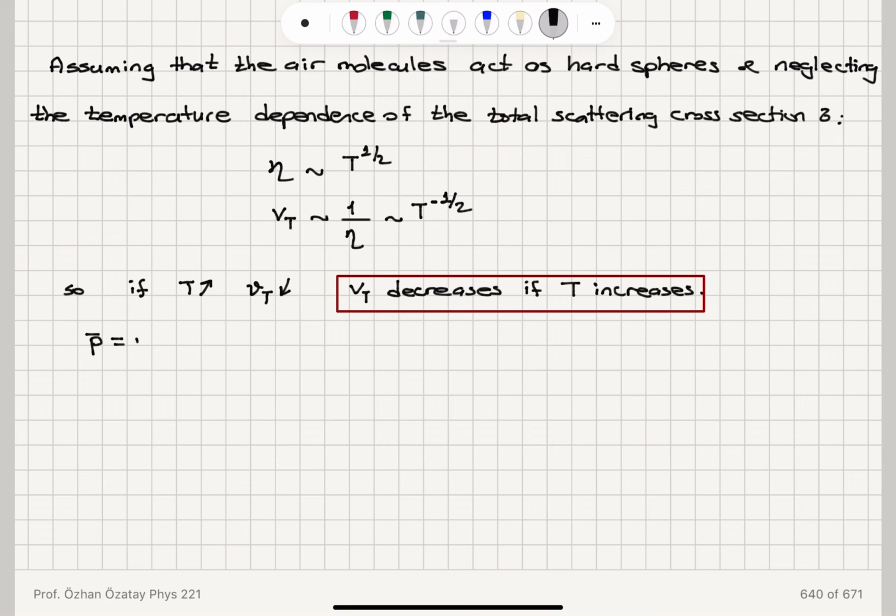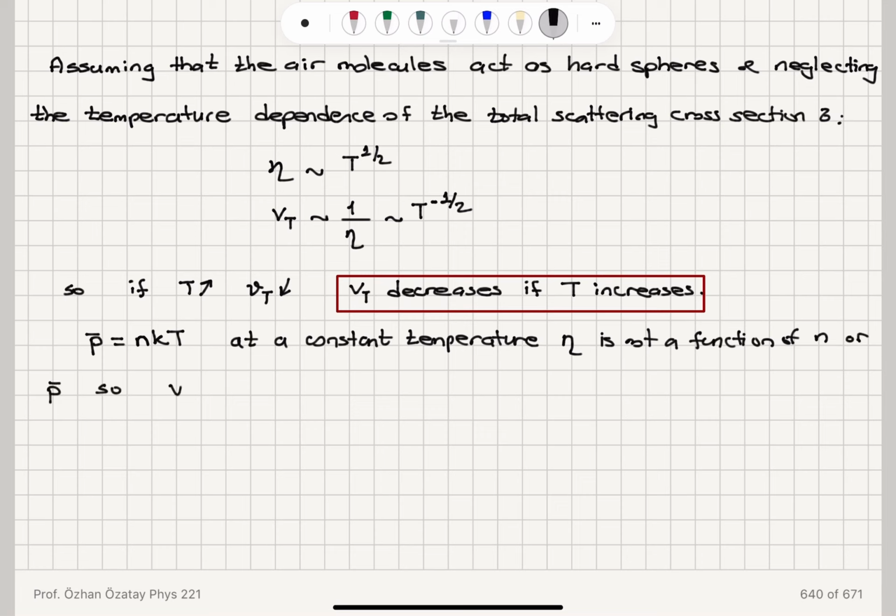Now, on the other hand, for the pressure, assuming the ideal gas for the air molecules, P bar is equal to number density times Boltzmann constant times temperature. We can see that at a constant temperature, the relationship between P bar and n suggests that the viscosity is not a function of the number density or the mean pressure.